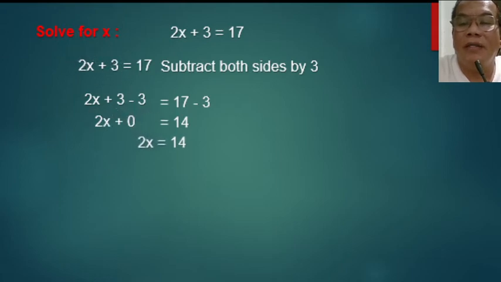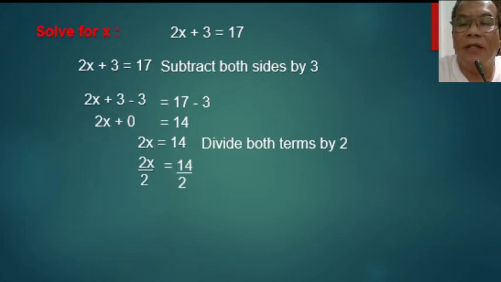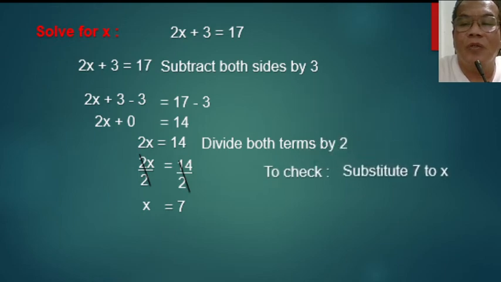Now let's divide both sides by 2. So 2x divided by 2 is equal to 14 divided by 2. So cancel 2 and 2, and 14 divided by 2 is 7. So x is equal to 7. Okay, let's check. The equation is 2x plus 3 equals 17.